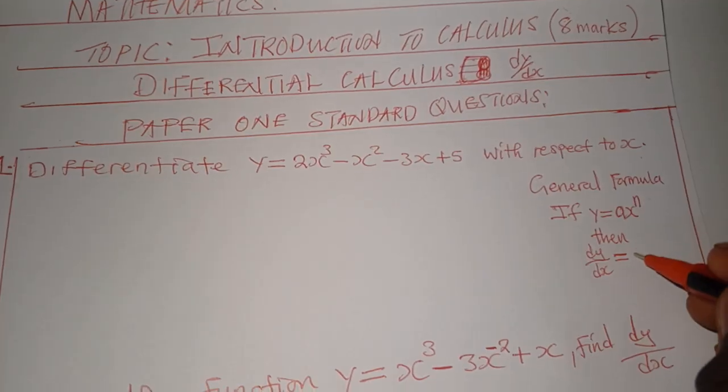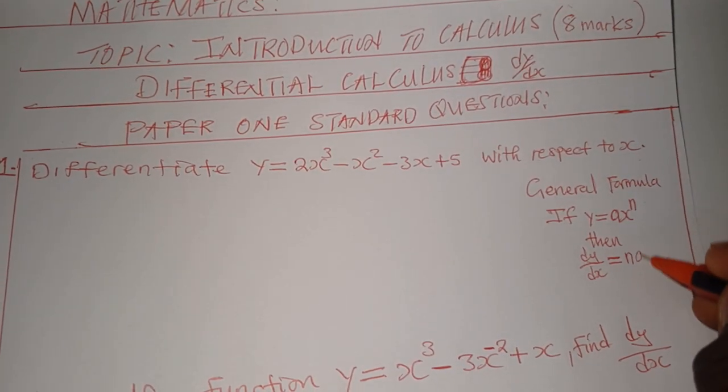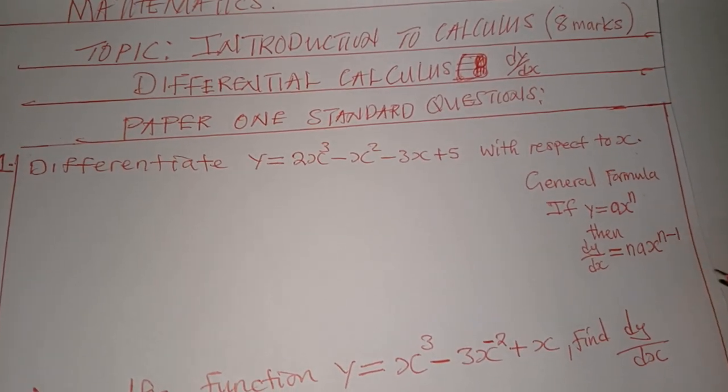So you have a general formula which is n a x to the power n minus 1.